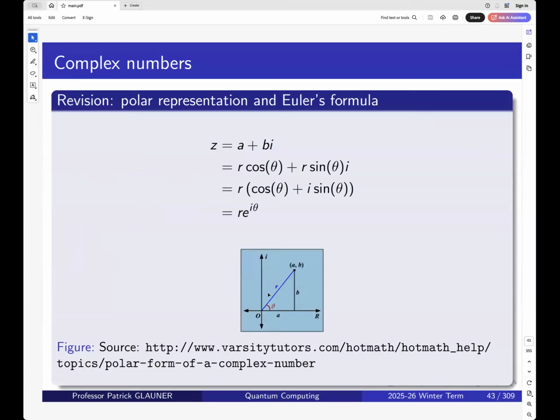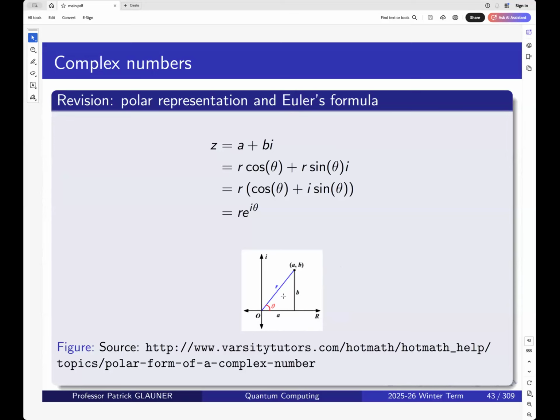So what we have here is the geometric representation, something we've just seen before, that we have on the one axis the real part, on the other axis the imaginary part, and we have our complex number a b. And what we can see in this visualization is we have a variable r, which is just our modulus we have seen, or the absolute value, or the length of this vector.